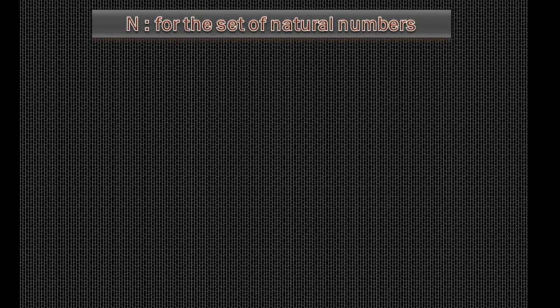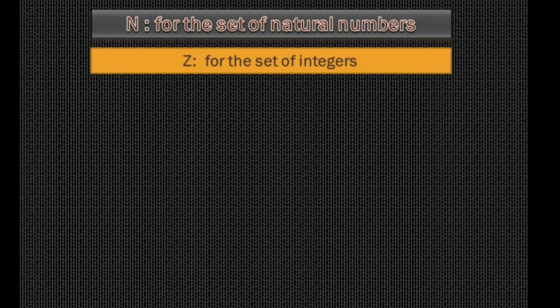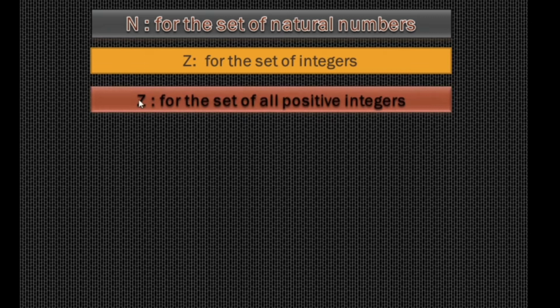Here are a few sets which we'll be commonly using in this chapter. N is indicated for natural numbers, Z is for integers, and Z plus, we have to write the plus on the top, means positive integers.